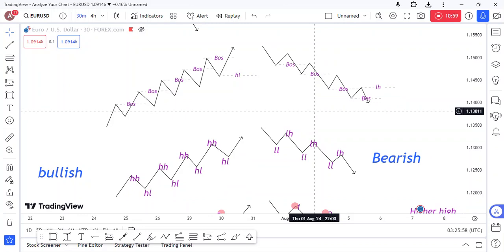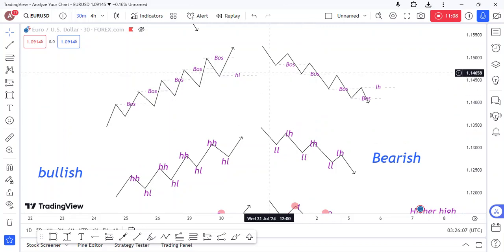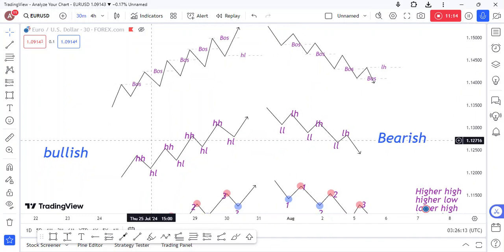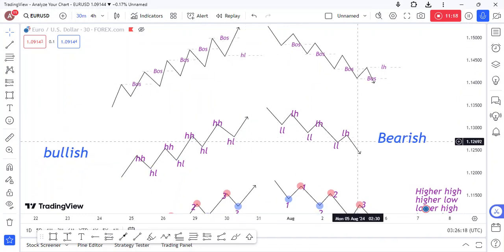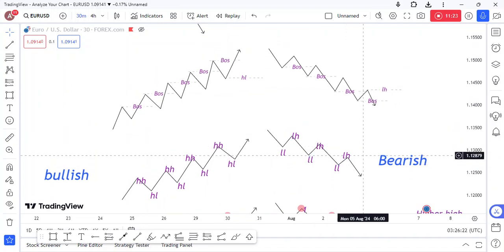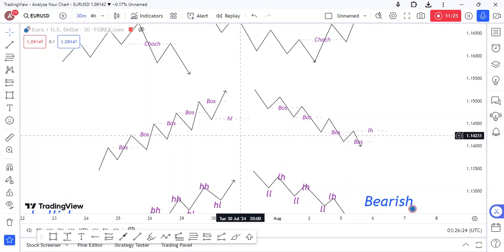And then in a bearish market, when a lower low is broken, we say it is a break of structure, just to continue the trend. We also established that for a bullish market, the higher low must not be broken. And for a bearish market, the lower high must not be broken.